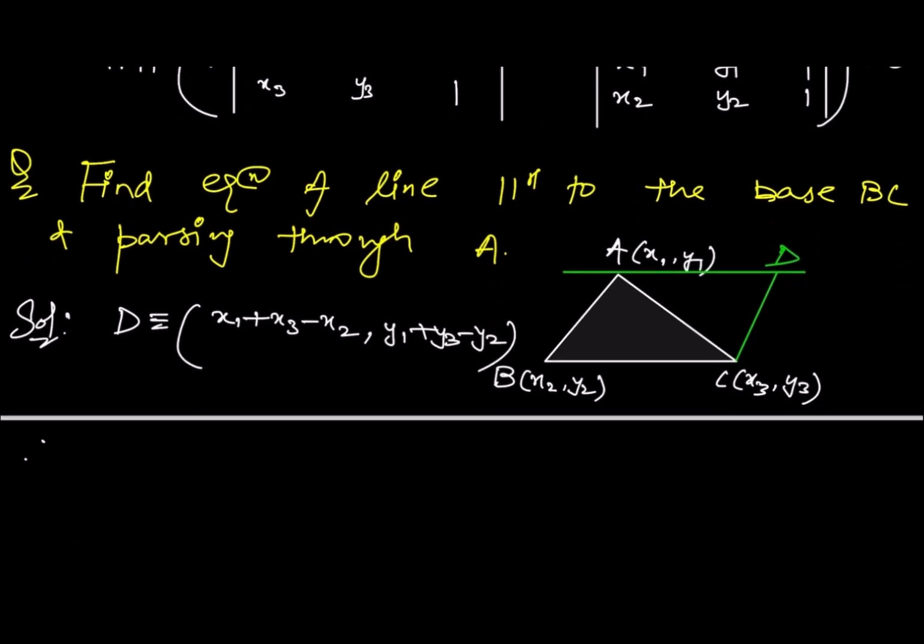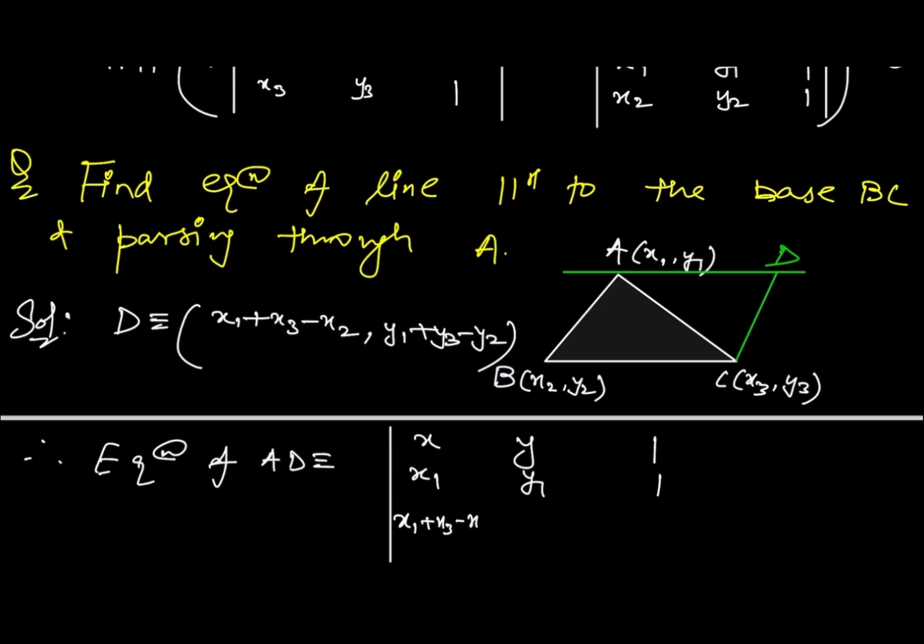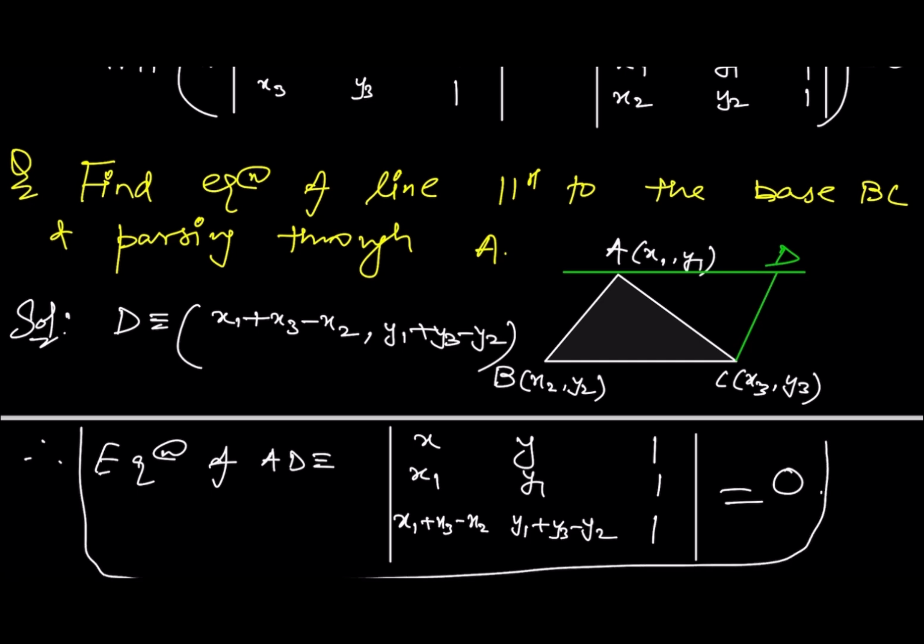So the equation of AD will be the determinant x y 1, x1 y1 1, x1 plus x3 minus x2, y1 plus y3 minus y2, 1, is equal to 0. This is the equation of AD.